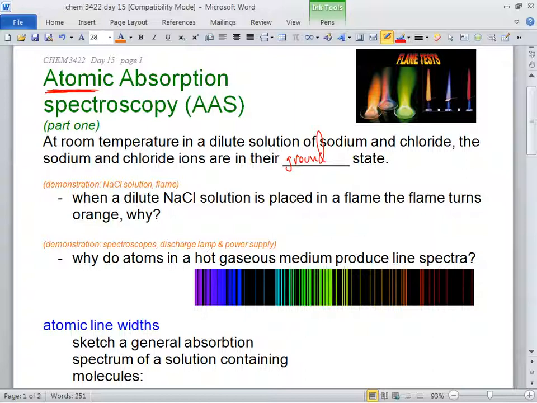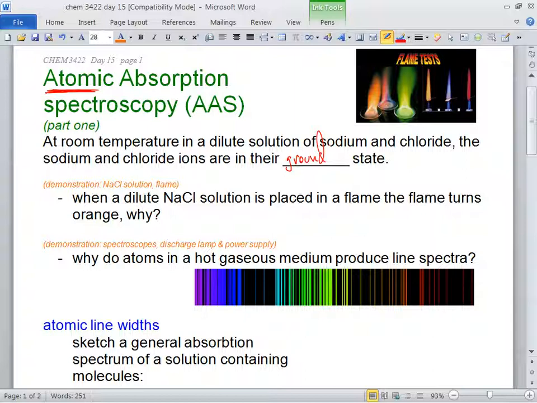They're in their ground state, but the temperature of the flame does what to some of those atoms? Gets them into their excited state, and then to get back to the ground state, they what? Are they emitting or absorbing? Emitting. They're emitting orange light.